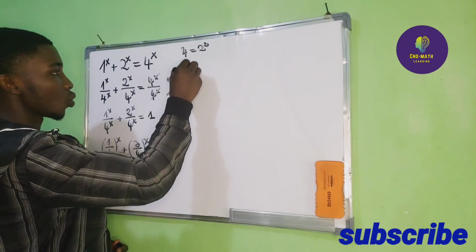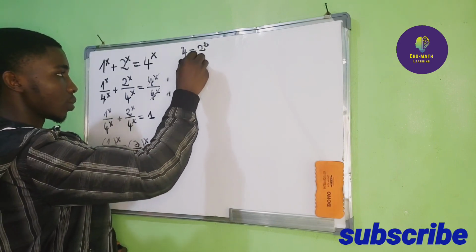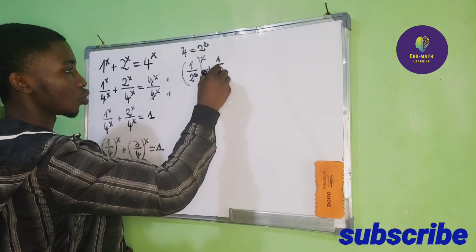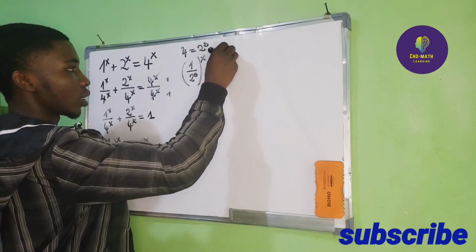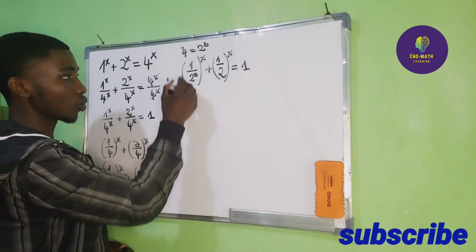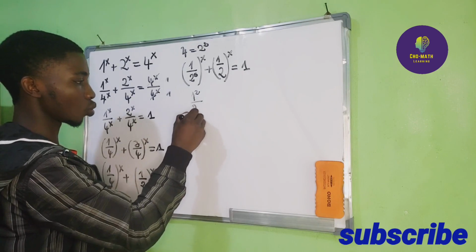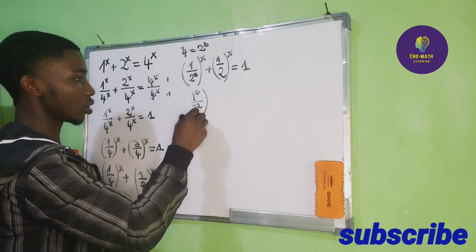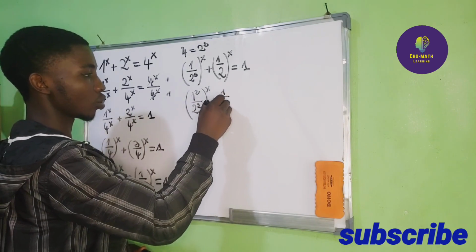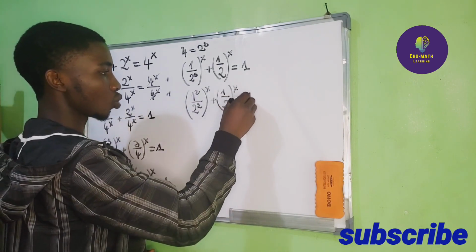That means we'll be having (1 on 2 squared)^x plus (1 on 2)^x will be equal to 1. Now we know that 1 is still equal to 1 squared, so (1 squared on 2 squared)^x plus (1 on 2)^x will be equal to 1.